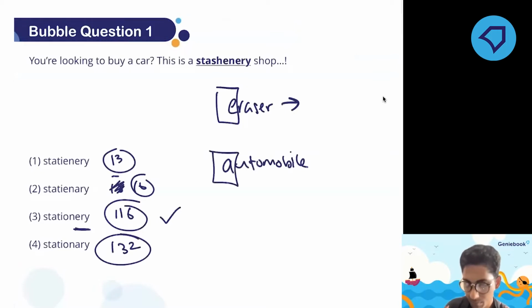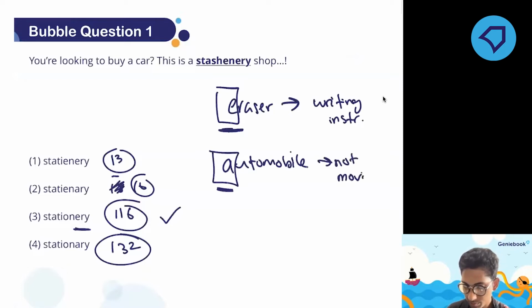A. So stationary with an E is for writing instruments, INSTR for short, okay? Then stationary with an A for things that are not moving. Okay? Hopefully this helps you remember.